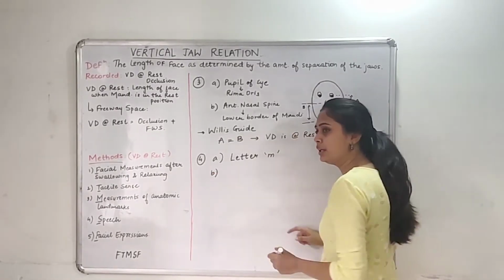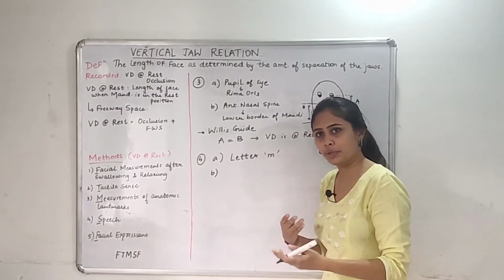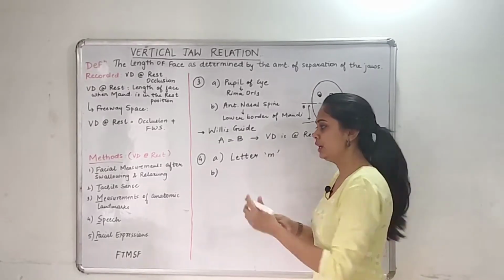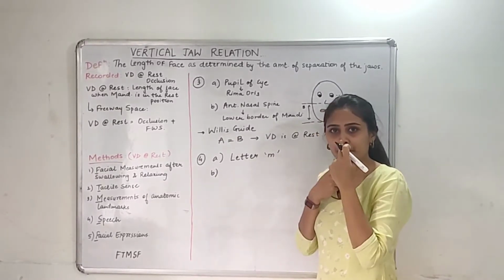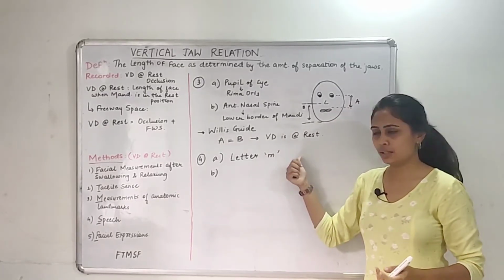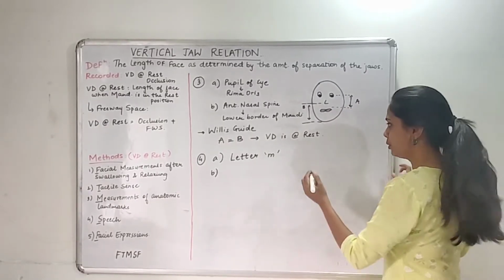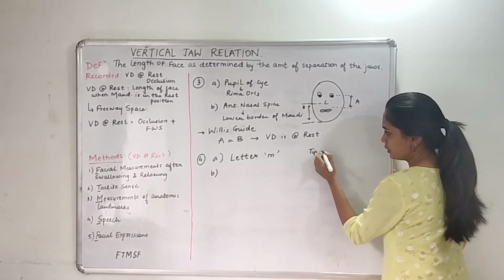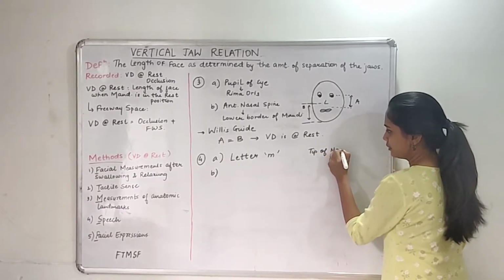And the second will be, the dentist can normally talk to the patient, and after talking to the patient, the dentist can immediately measure the distance between the 2 points that we saw here. Here we will measure the same distance, that will be the tip of the nose and the center of the chin.